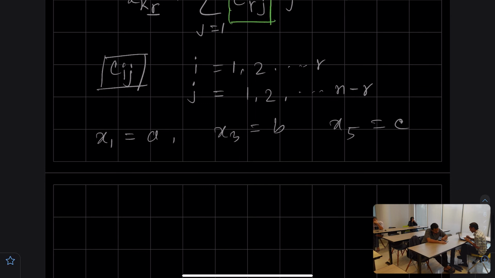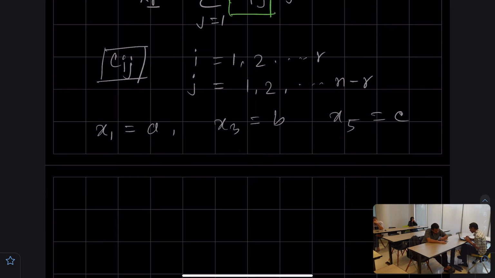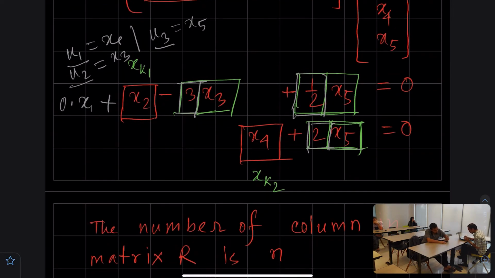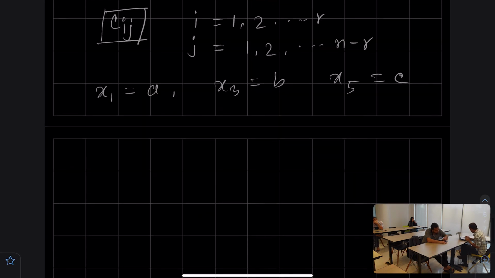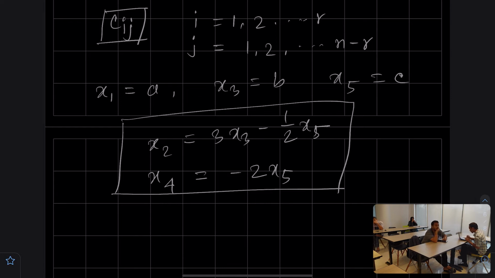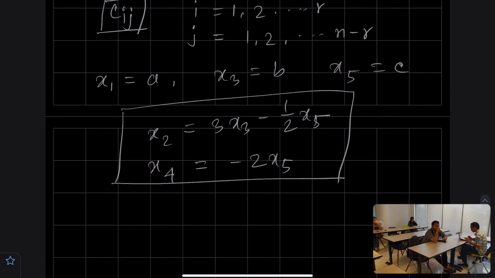Then the solution will be x2 equals 3x3 minus half x5, and x4 equals minus 2 x5. So I think it should be 3b minus half c.